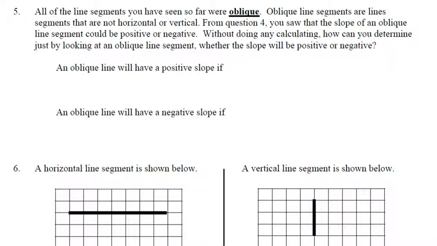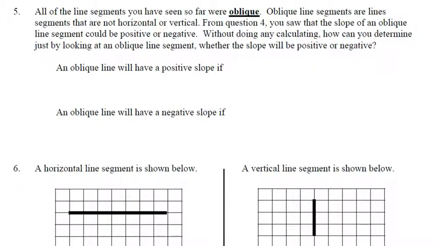An oblique will have a positive slope if it goes upward. Lines can go up. The rise is positive. You go from left to right. I'm going to draw a line. Am I drawing up or down?